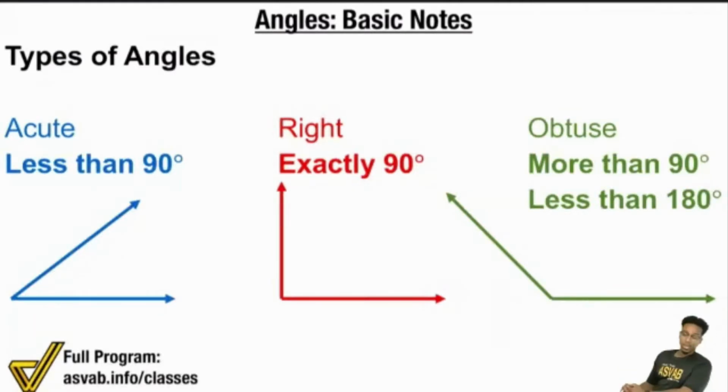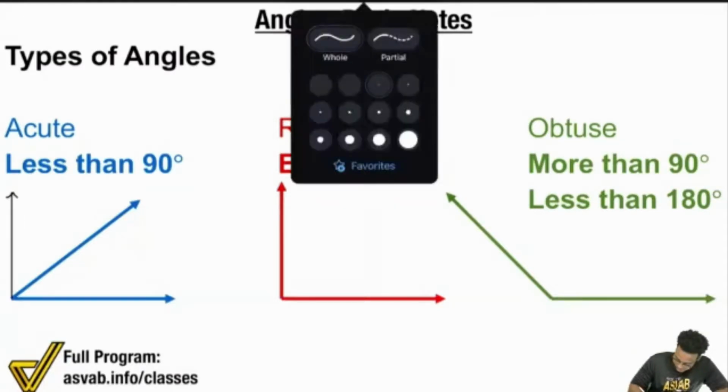So with that, we got 3 types of angles that you want to categorize for yourselves. We have acute, less than 90 degrees. So anything from 0 to 90. So let me go ahead and make this a little easier to see. And then let me use this.